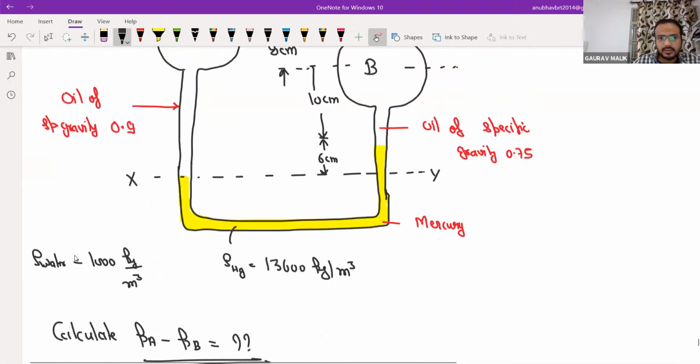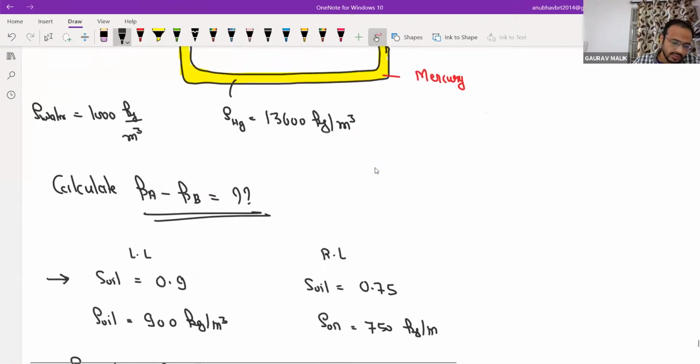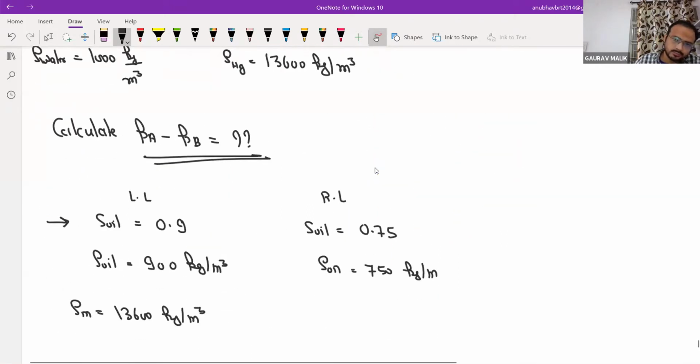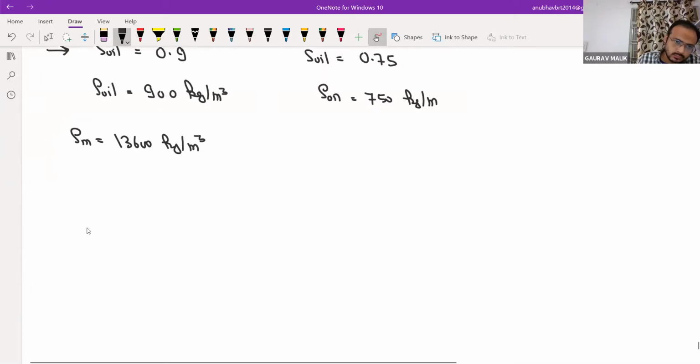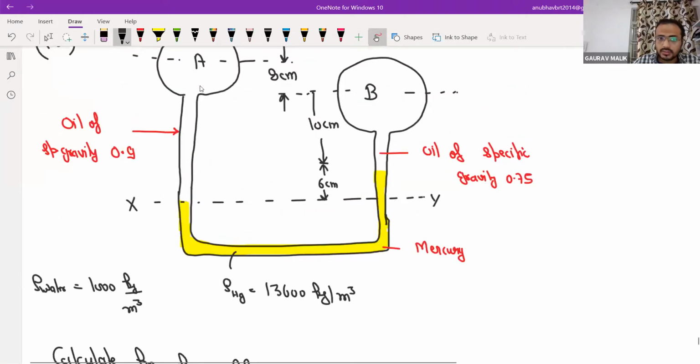Suppose PA and PB are the pressures at points A and B. First, we will calculate the value of PA. For that, first calculate PX. PX is given by PA plus the pressure due to this column, that is 8 plus 10 plus 6, 24 centimeter.